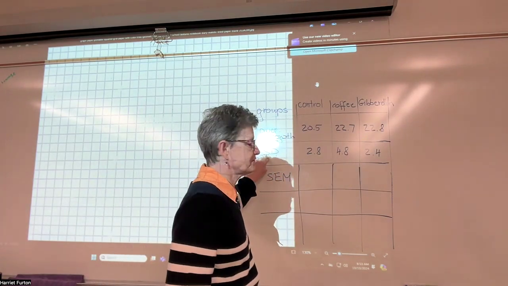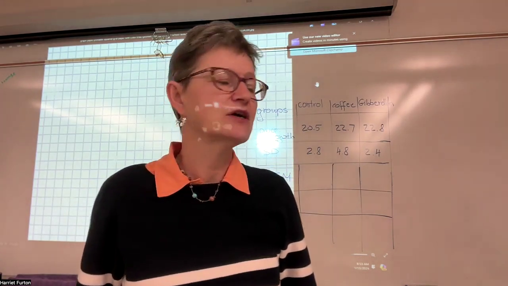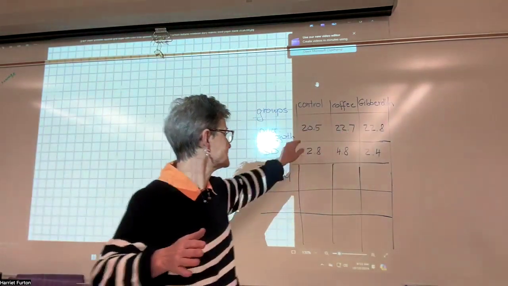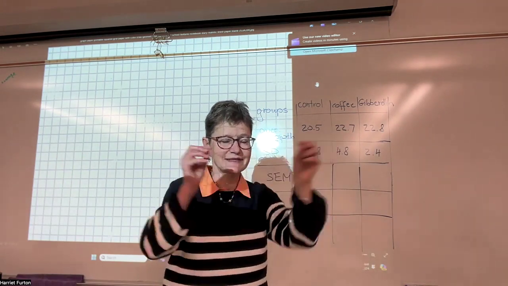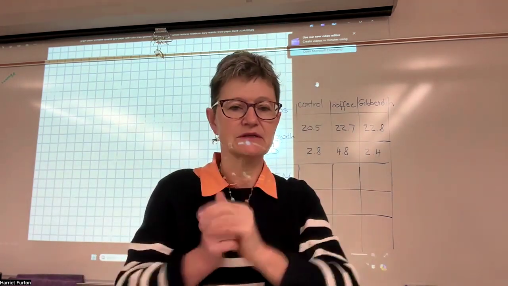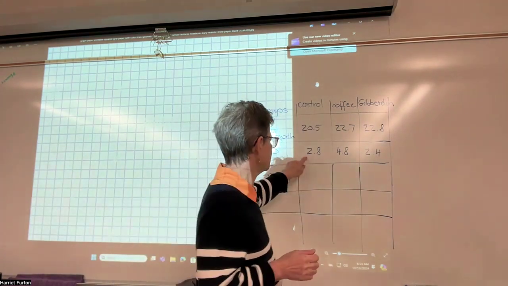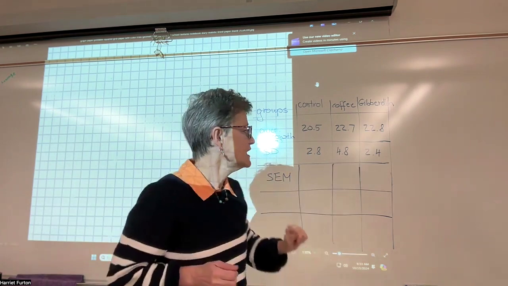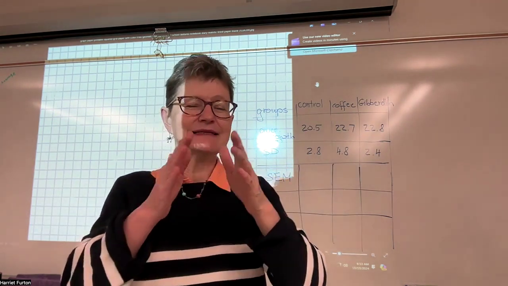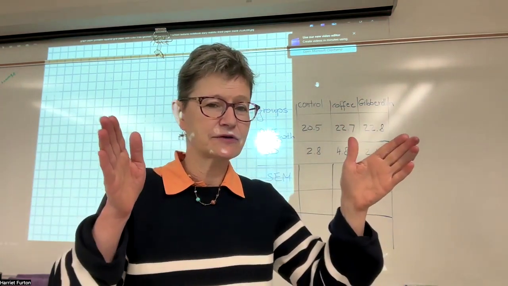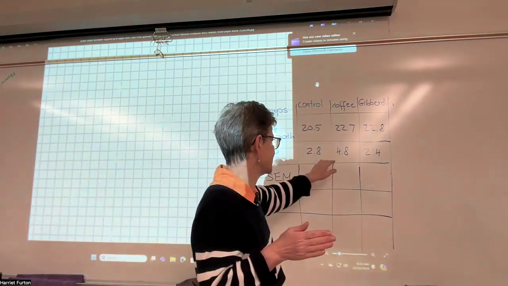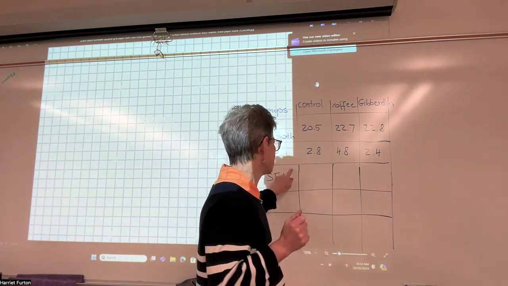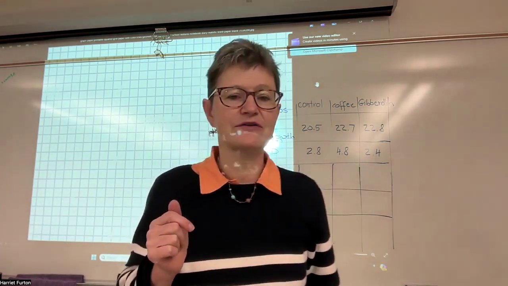We figured out the standard deviation from the data, how far these data points are from the average. We got 2.8 here and 4.8 for the coffee. 4.8 means that the data is pretty scattered, a wider range compared to the control or the hormone gibberellin. We try to figure out the standard error of the mean.